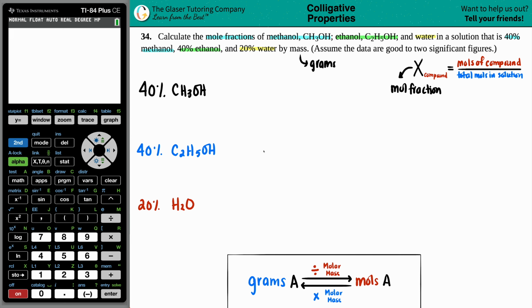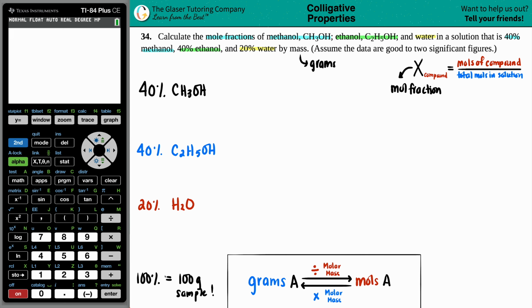But they gave us a hint here, that all these percentages are by mass, which we can convert into grams. Now, we can assume that the total percentage that we have, which is 100%, is going to equal the total gram sample that we have. So 100% equals a 100 gram sample.